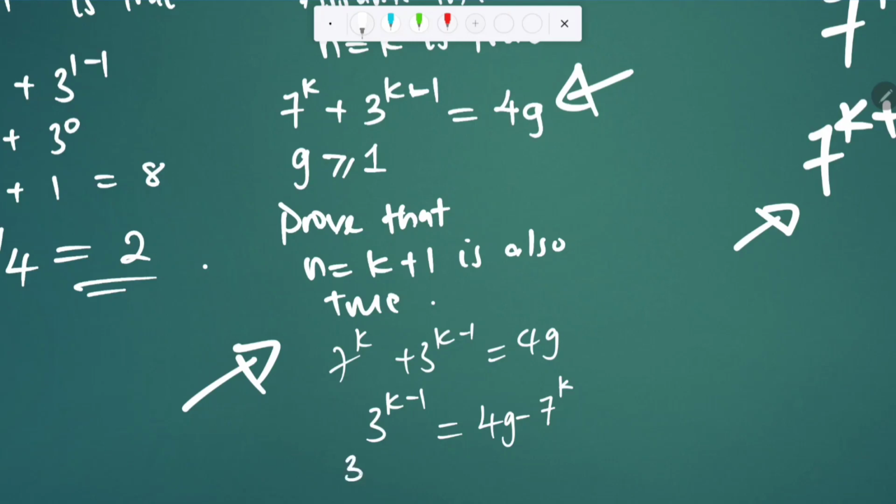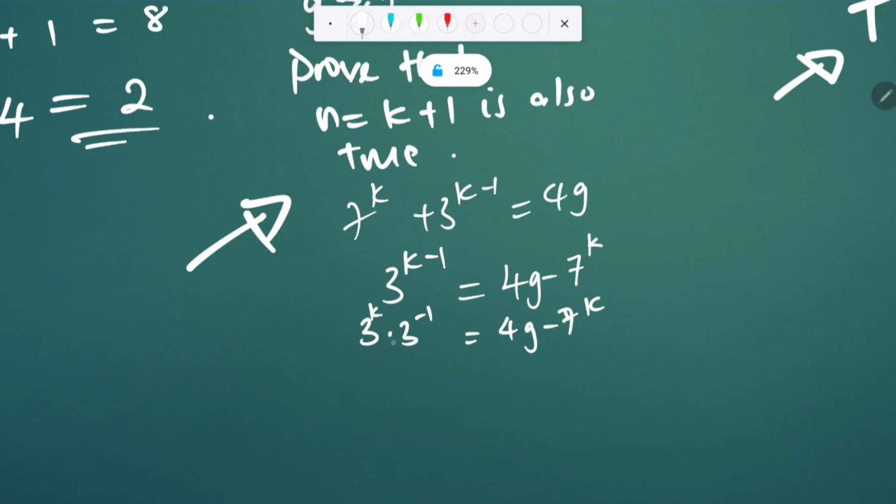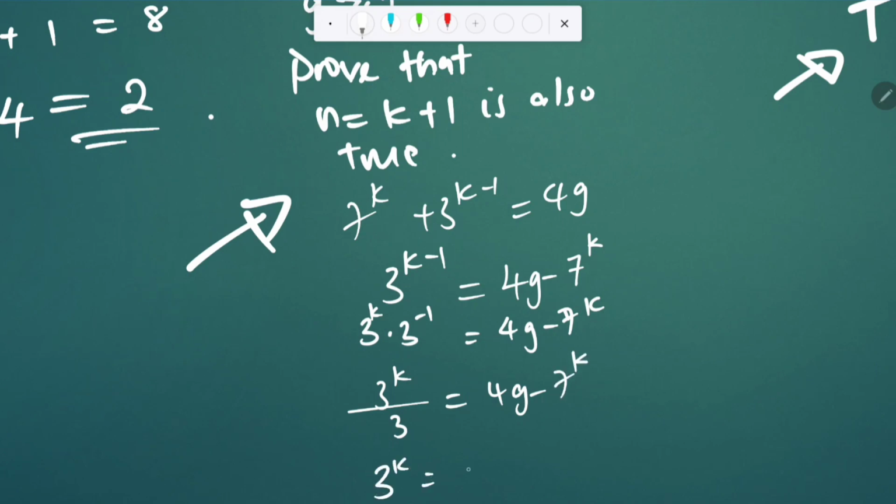And then we can actually separate this into 3 to the power k times 3 to the power negative 1 equal to 4g minus 7 to the power k. And then 3 to the power negative 1 can be written as 1 over 3. So this is the same as 3 to the power k over 3 equal to 4g minus 7 to the power of k. Okay, so 3 to the power k would just be 3 times 4g minus 7 to the power k.